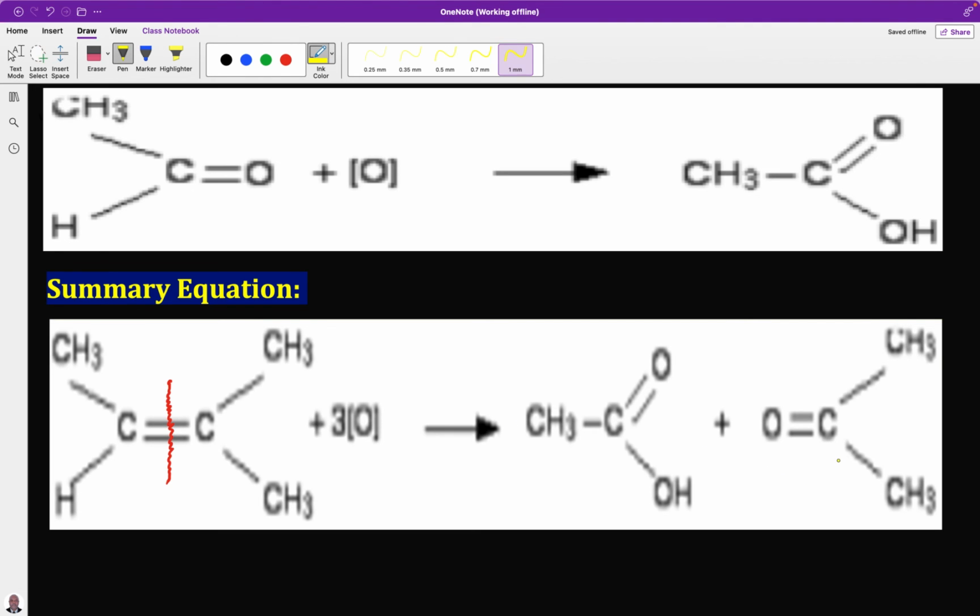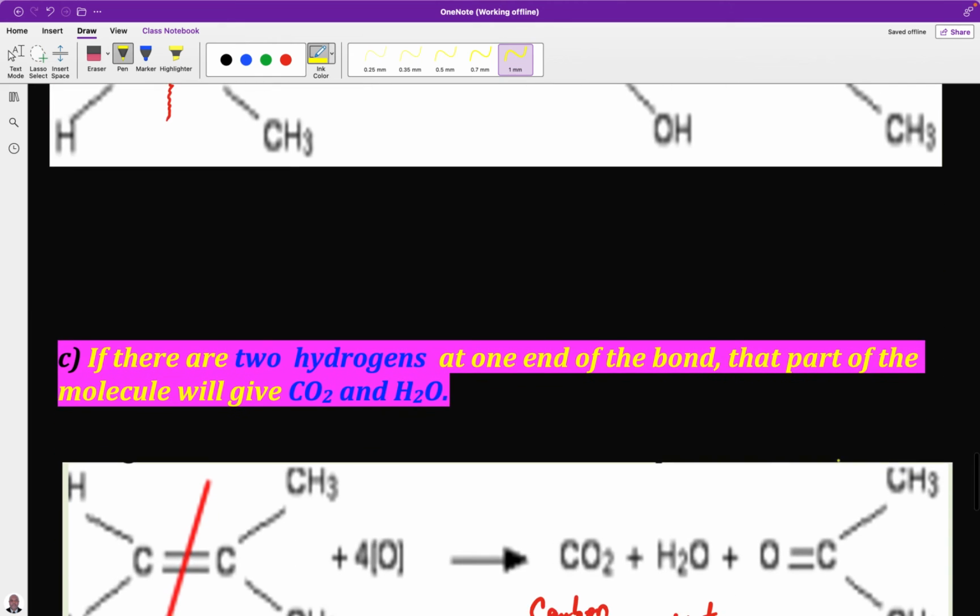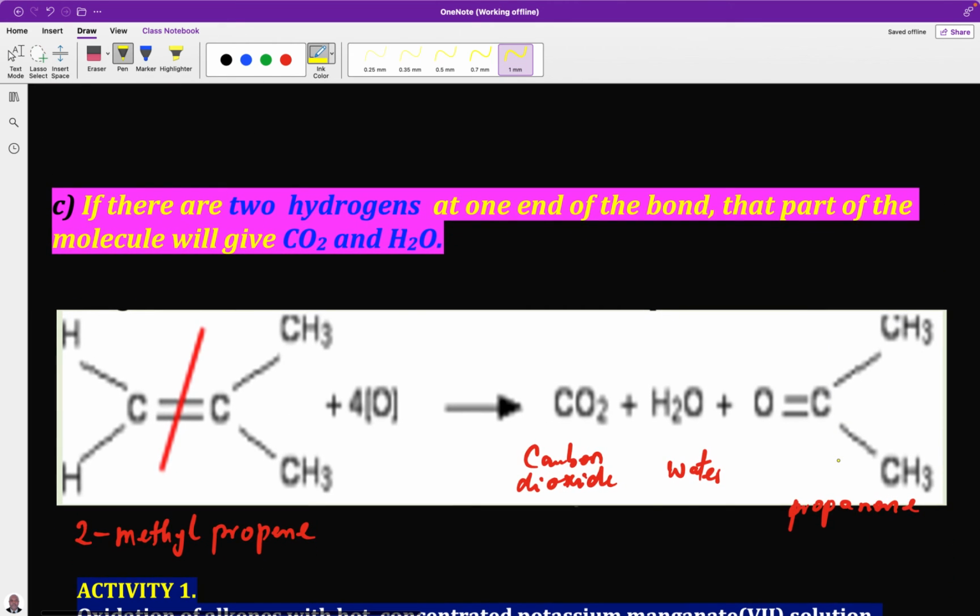The third condition is when there are two hydrogens at one end of the bond. If there are two hydrogens at one end of the bond, that section will give carbon dioxide and water. An example here is 2-methylpropene. On this side of the molecule, the products are carbon dioxide and water, and propanone remains.